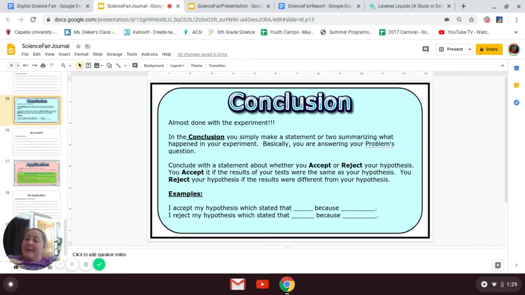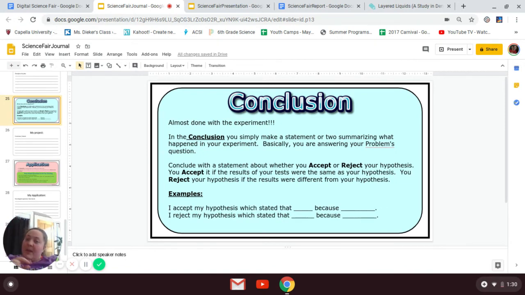I would say, I accept my hypothesis, which stated that the oil was the least dense and the chocolate syrup was the most dense, because when I did my experiment, in all three of my trials, I found that the oil was the top layer of my density tower, while the chocolate syrup was the bottom layer of my density tower. Okay, so very simple. Do you accept or reject what your original thought was, and why?